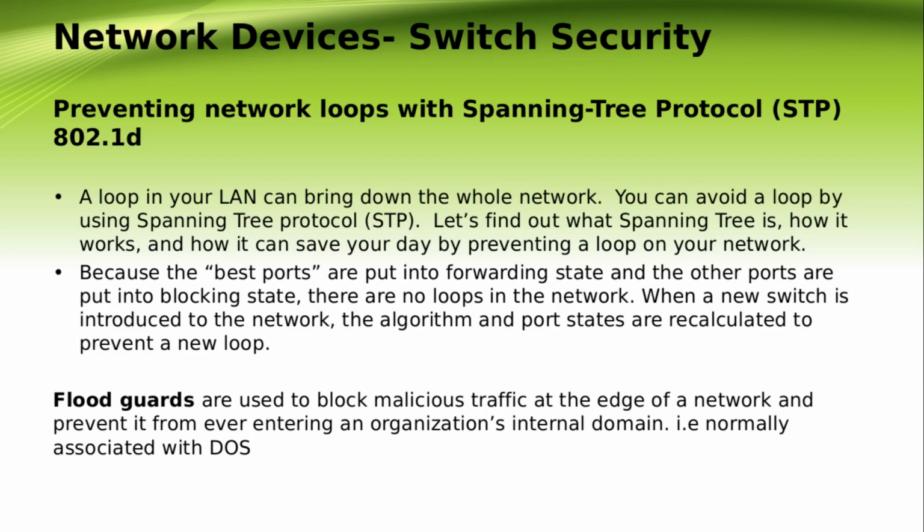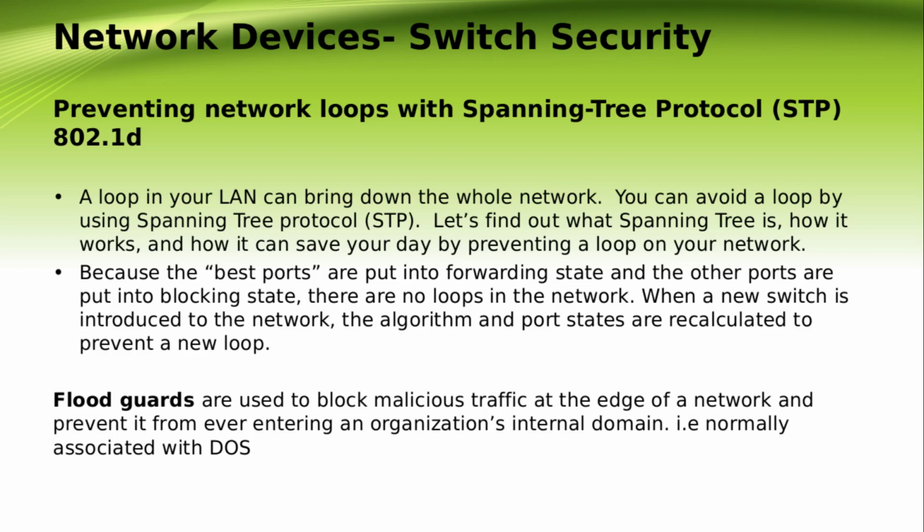In the event that a link in the network goes down, spanning tree will fail over to the alternate link if one exists. If this sounds like what a routing protocol does, then you are on the right track. Routing protocols help routers between WAN networks use alternate paths, etc.